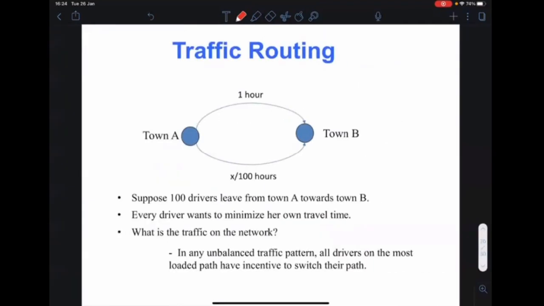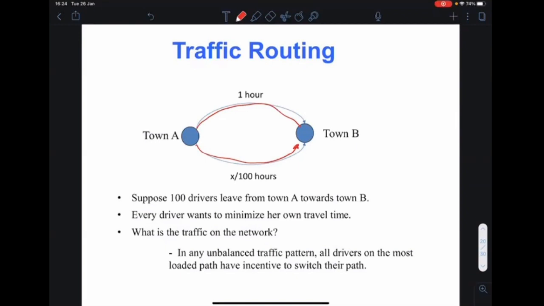So just looking at a simple traffic routing example, suppose they have 100 drivers starting from town A who want to go to town B, and they have 2 options. One route takes 1 hour for sure. On the other route, the delay depends on how many drivers are on it.